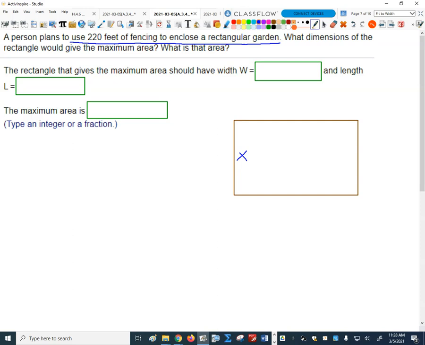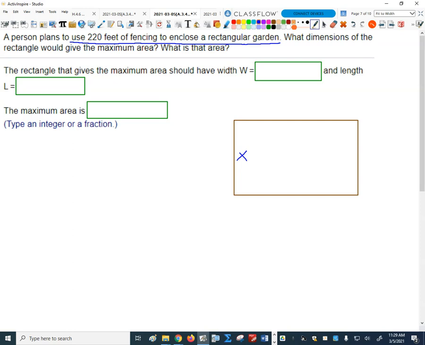But we do have a constraint here. In math, we use the word constraint. We have a limitation. We only have 220 feet of fencing, so infinity by infinity is not an option. What's the geometry word that we use to describe the distance around an object like a rectangle?